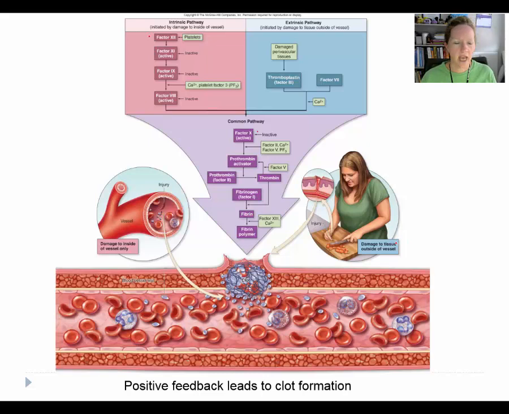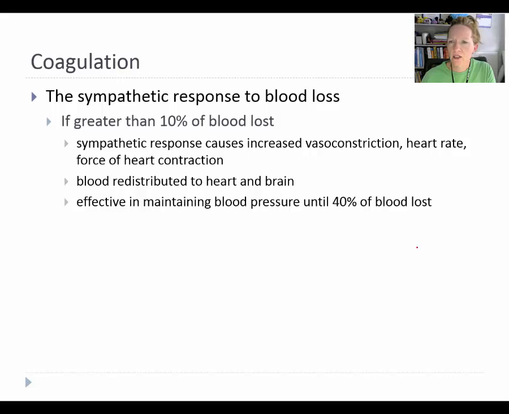What's really interesting is that this whole blood clotting mechanism works on a positive feedback mechanism. The animation will talk about how the platelets work on the positive feedback mechanism until eventually a clot is formed. Now, like I said, this is good for lower blood loss.